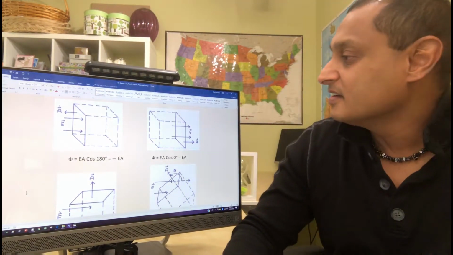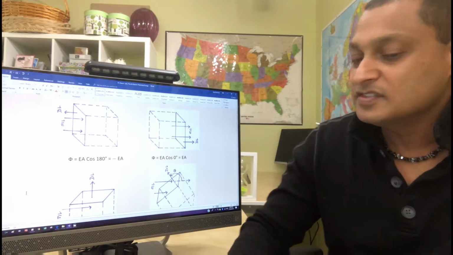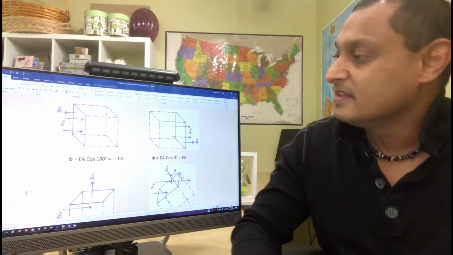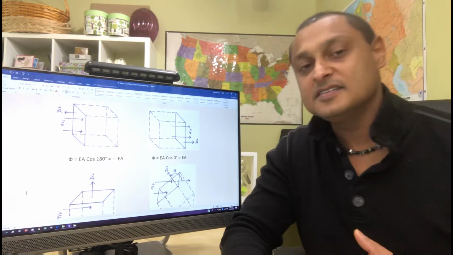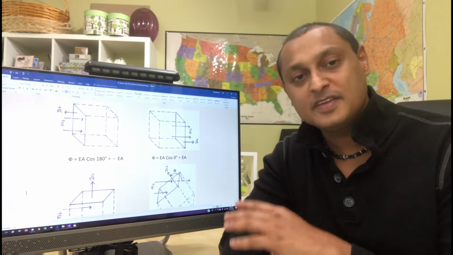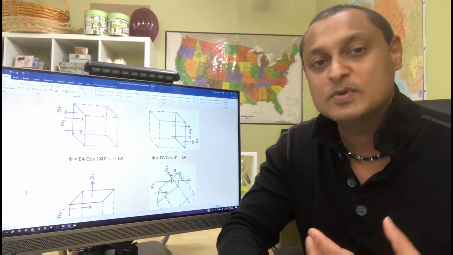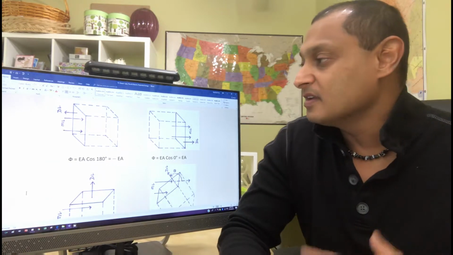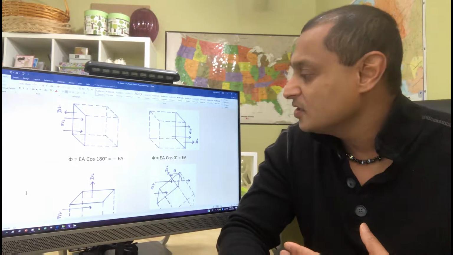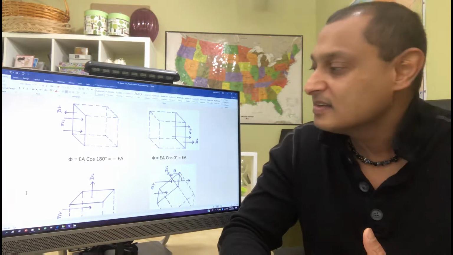For instance, here there's a cube of some length, and there are several different situations going on here. The electric field is due to some charged object that is not in the picture, but the electric field due to that object is, and it encounters a cube of even side. The electric field on one side goes into the cube. It may go out of the cube. It may be perpendicular to the cube or parallel to the cube.